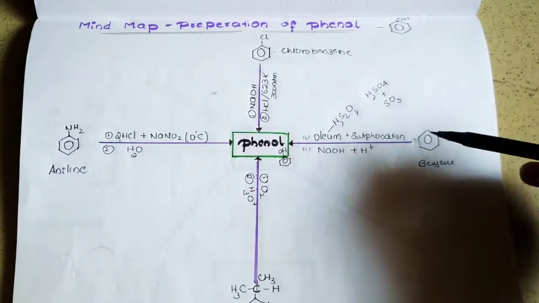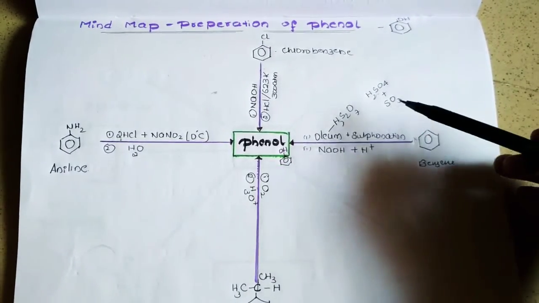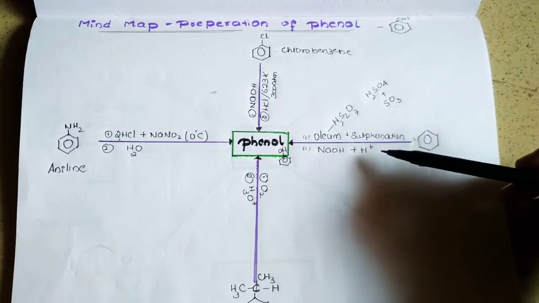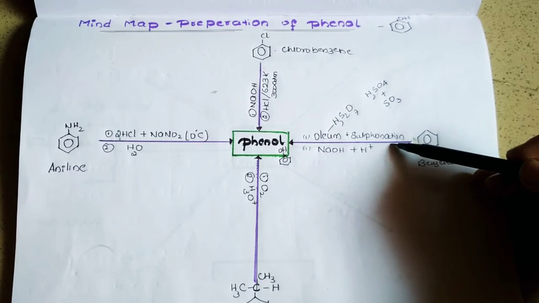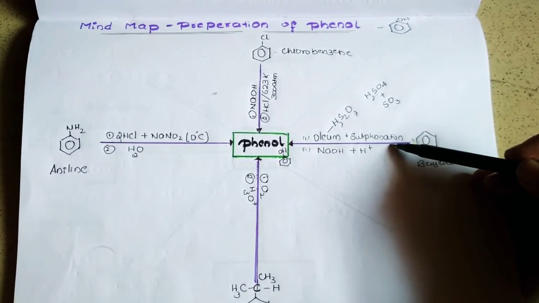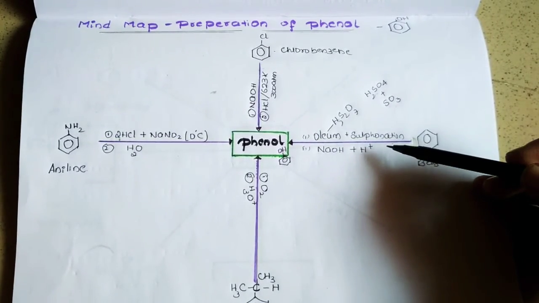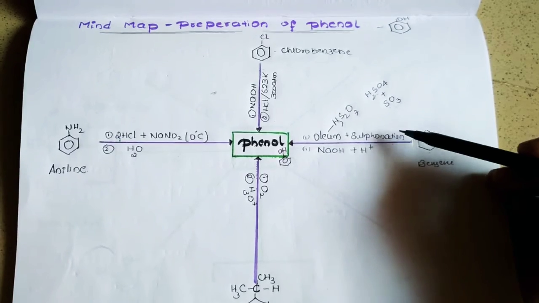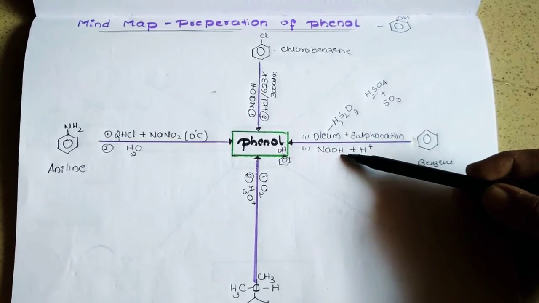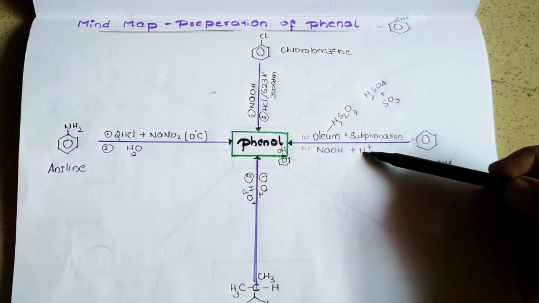Okay. So when this benzene is treated with a mixture of the fuming sulfur trioxide and the concentrated sulfuric acid, it undergoes sulfonation. This is what we call an electrophilic substitution reaction. Benzene will undergo electrophilic substitution, that is the sulfonation, and followed by the sulfonation we are going to treat the compound formed with sodium hydroxide, and then with the acid.